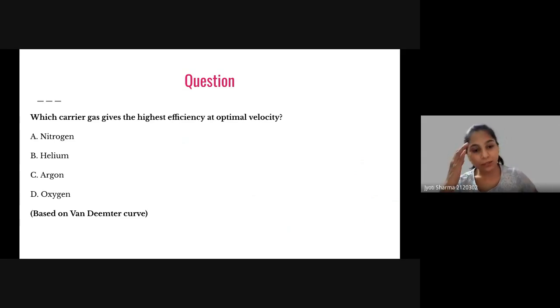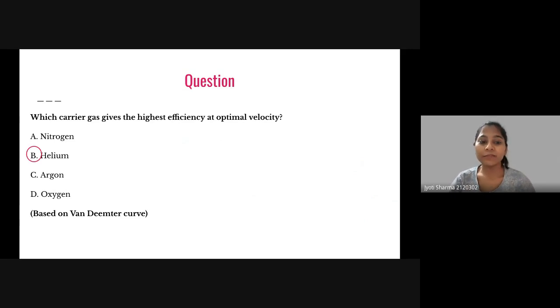Nitrogen is not giving the highest efficiency. There is something else. Nitrogen is a little heavier than some other gases. Yeah, so the right answer is helium.